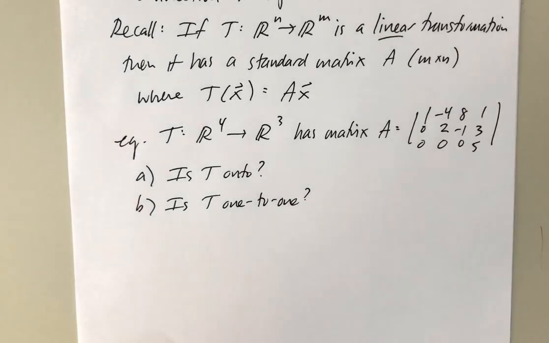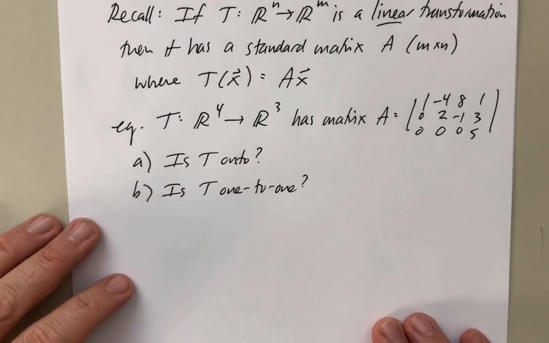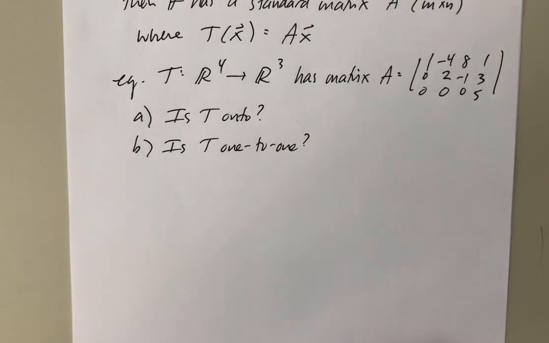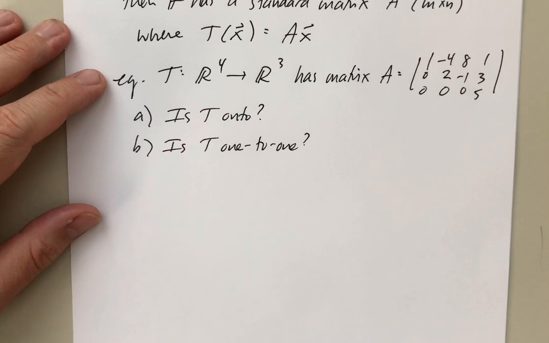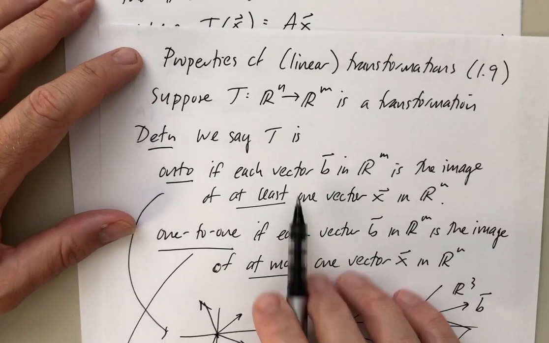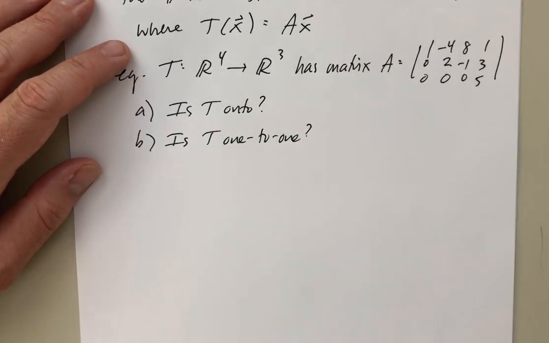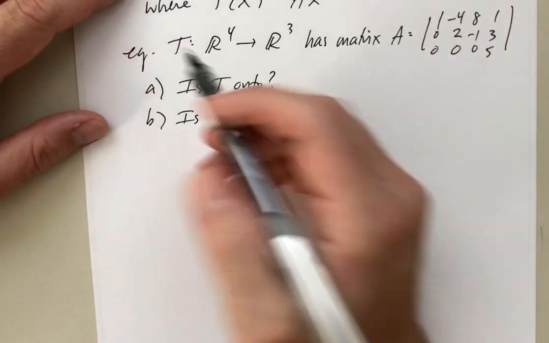Okay. So I think what I'll do is just translate these notions, and we'll eventually see that it's going to look like something familiar, right? So remember, onto means that each vector b is in the image of at least one vector x in Rn. So let me make a note here.